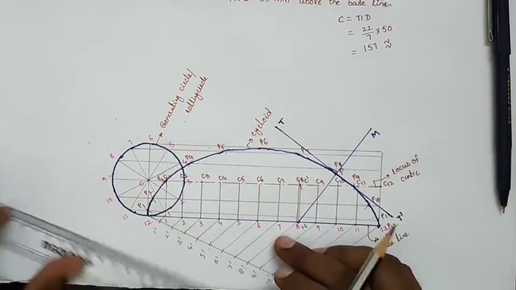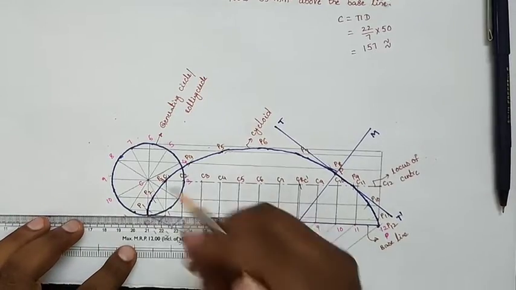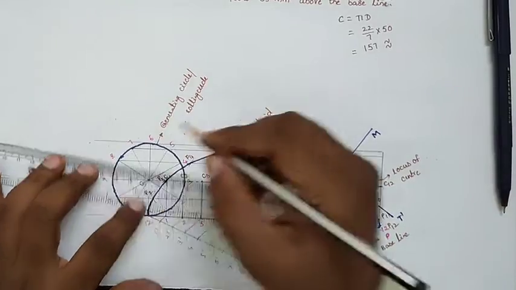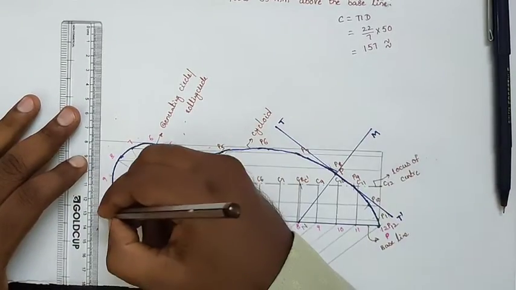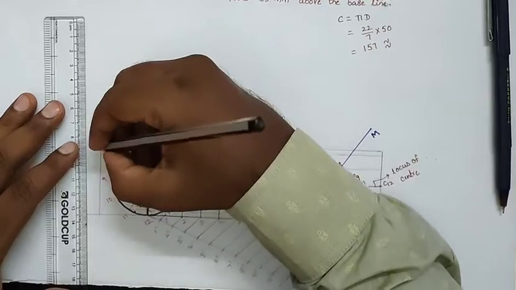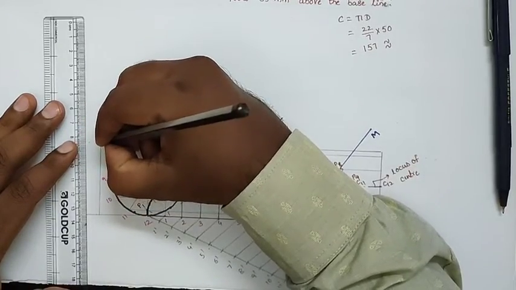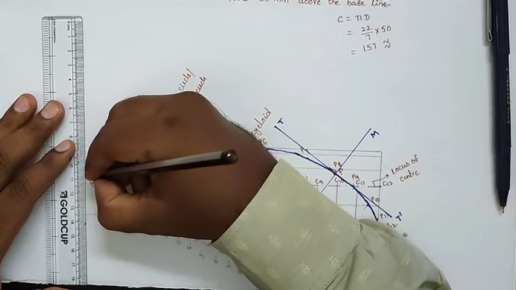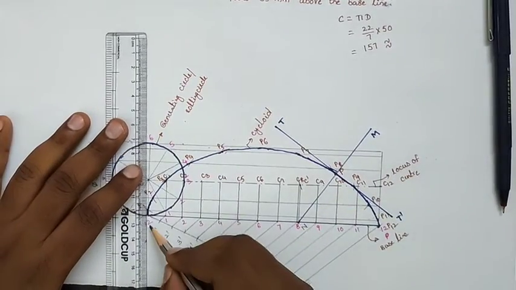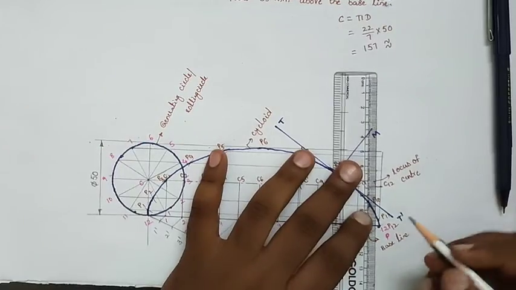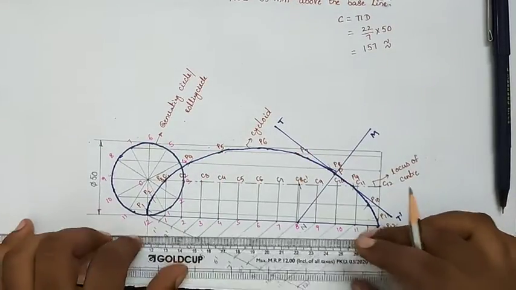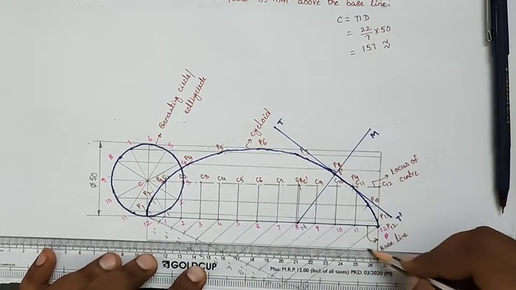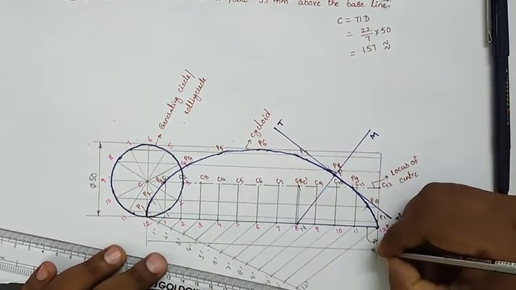So they are giving the rolling circle diameter, so we can mention this one as 50, and also we are taking the baseline length as 5d, that means the circumference of the circle.